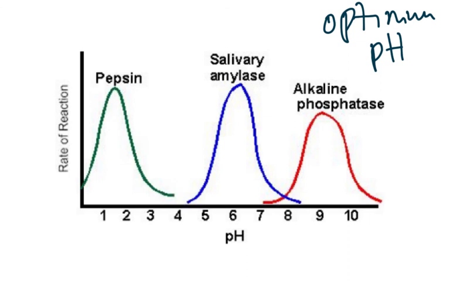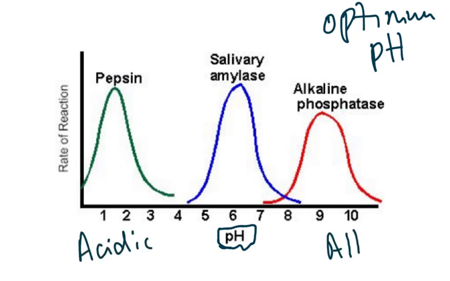And enzymes would be denatured at pH values beyond their optimum. Before that, they would of course remain inactive, but as the pH is nearing its optimum, they work their best. And if we increase the pH, please remember pH is what? Power of hydrogen. So this side is acidic and this side is alkaline.